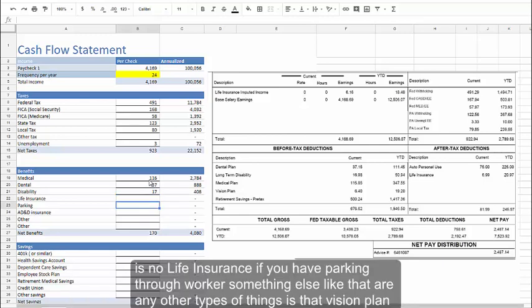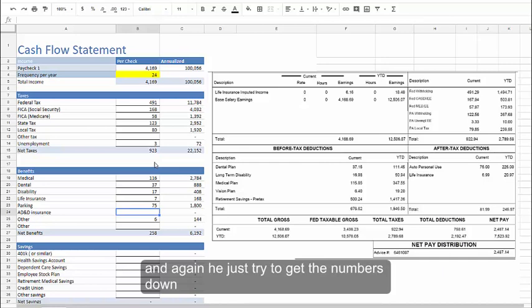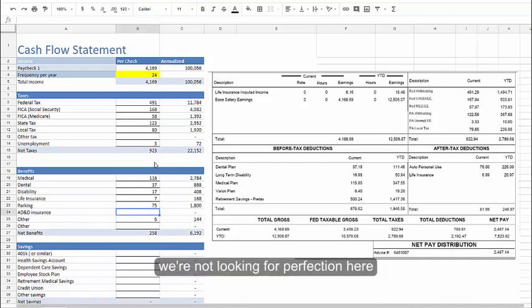If you have parking through work or something else like that, or any other types of things, there's that vision plan. And that is it for our, oh, there's the life insurance over there. And we'll put the auto under parking. And again, you're just trying to get the numbers down. We're not looking for perfection here.